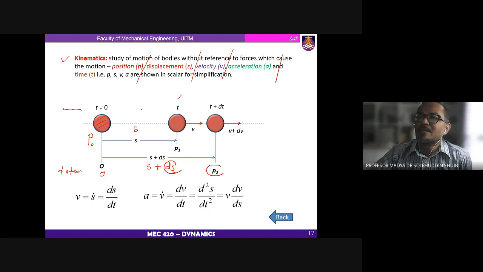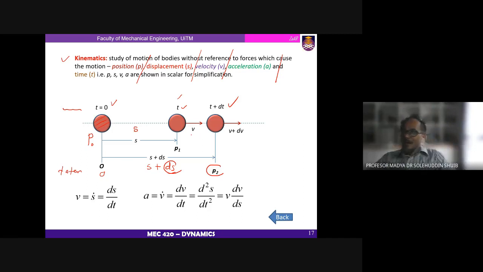From P1 to P2, which is from P0 to P2, you have t plus dt, which is the differential of time. So first layer, position and displacement; second, time, T0 and t, and then t plus dt. And the last one is the velocity.